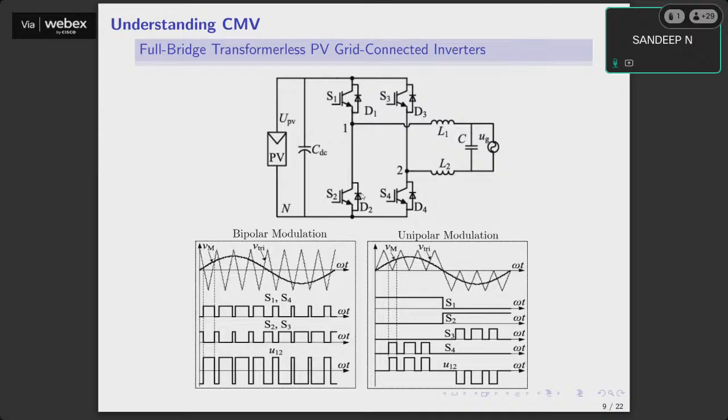Now, this inverter can be operated with two popular modulation techniques. One is called bipolar modulation, and another is called unipolar modulation. Now, what is a bipolar modulation? In bipolar modulation, you have a high frequency carrier, whose frequency decides the switching frequency of the device.